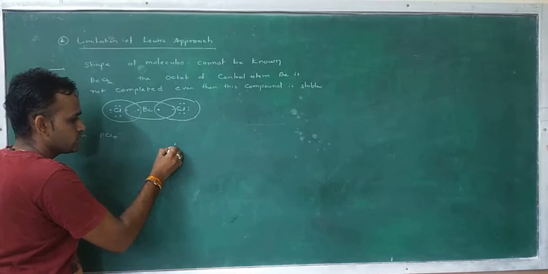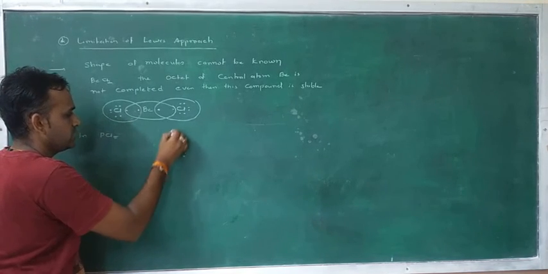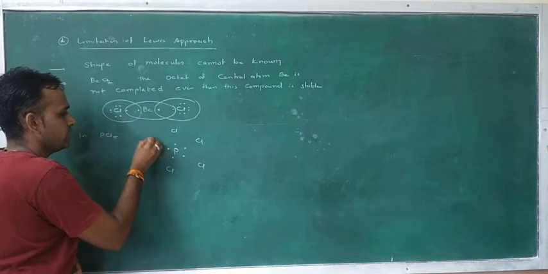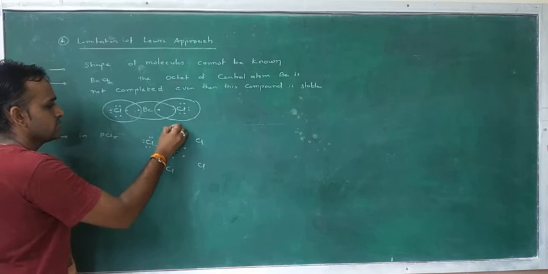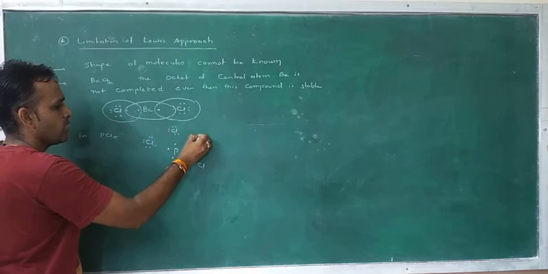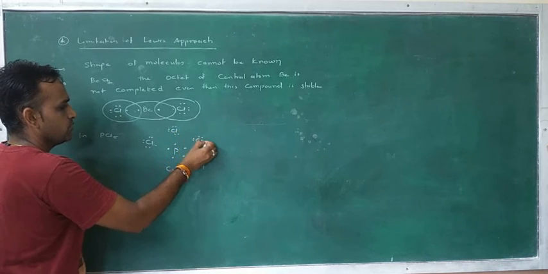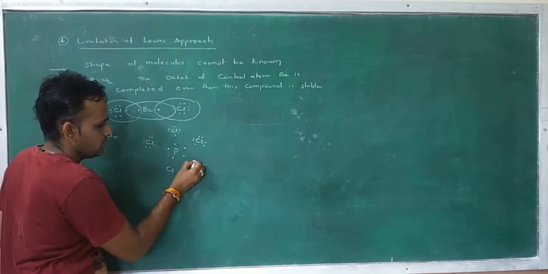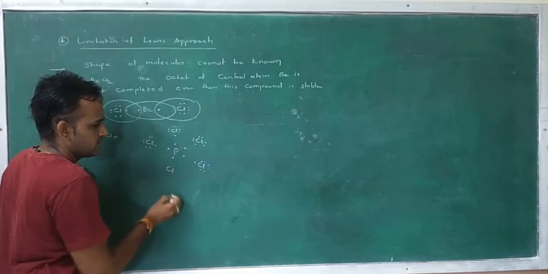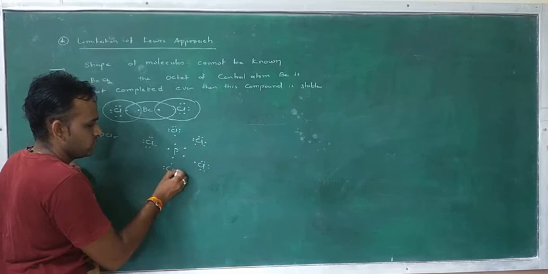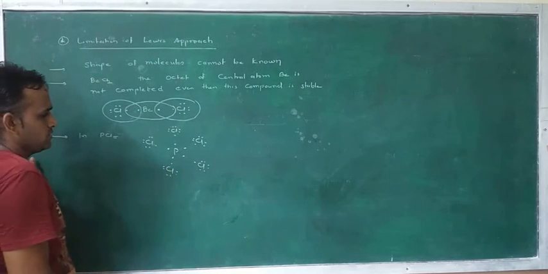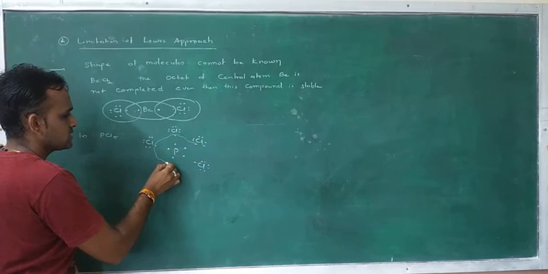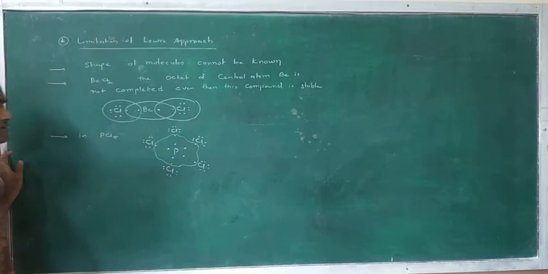How many electrons? 1, 2, 3, 4 and 5. Chlorine 1, 2, 3, 4, 5, 6, 7 on each.